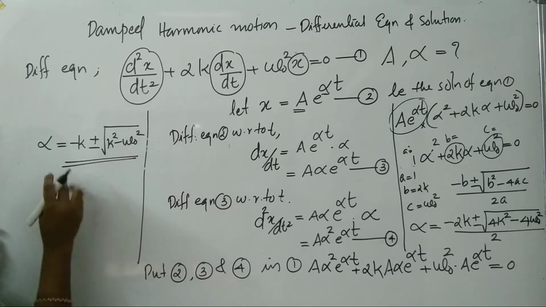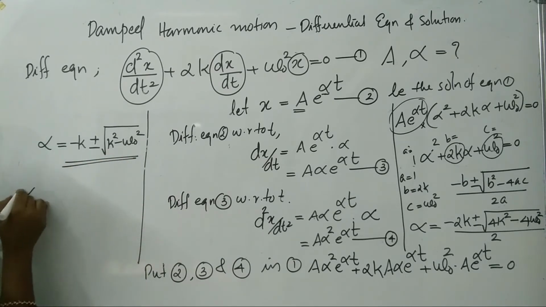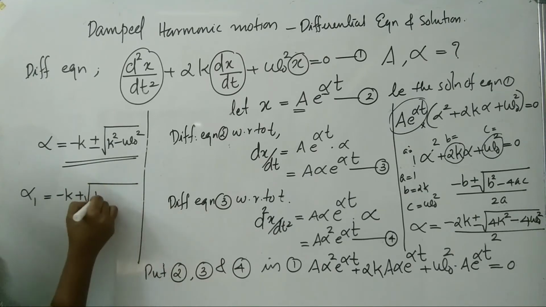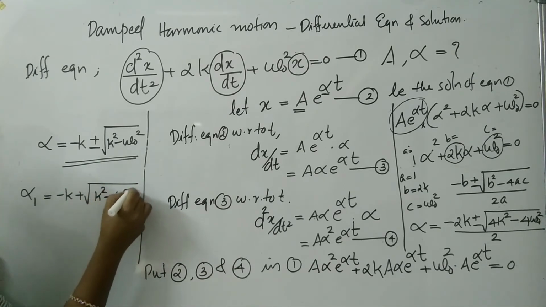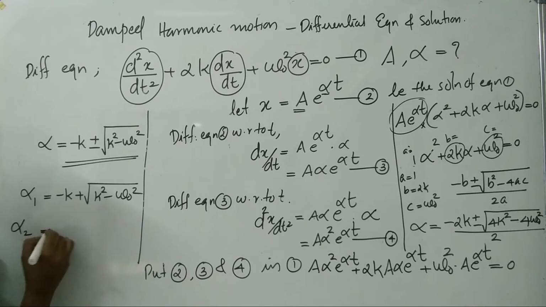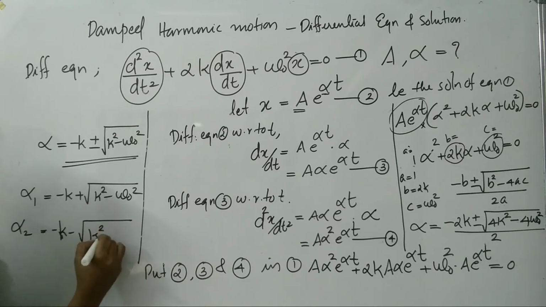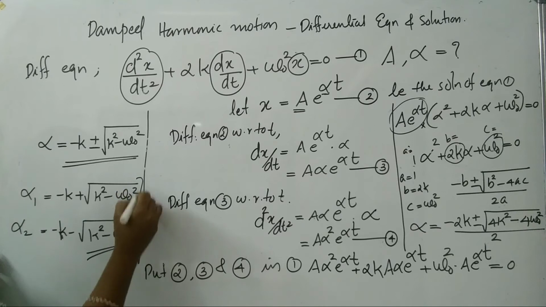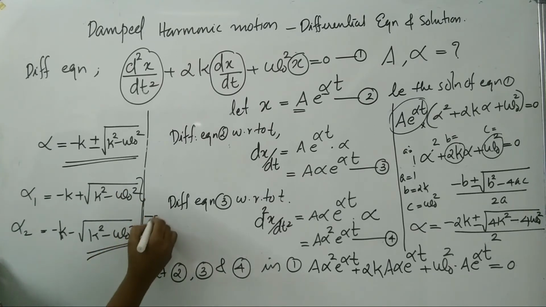There are two values: alpha 1 is minus k plus root of k square minus omega 0 square, and alpha 2 is minus k minus root of k square minus omega 0 square. So we get the value of alpha. This is equation number 5.